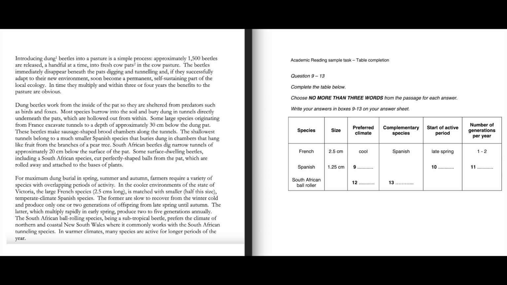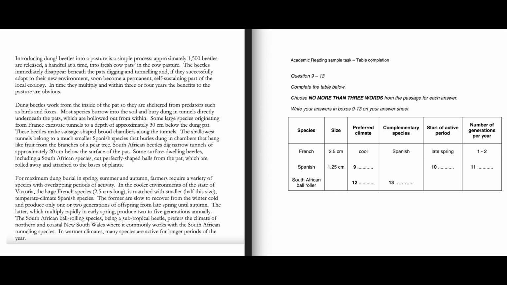Now we continue reading the same line. The South African ball rolling species, being a subtropical beetle, prefers the climate of northern and coastal New South Wales, where it commonly works with the South African tunneling species. When it says that it commonly works with the South African tunneling species, it means that it works well with those species, which means the same as the complementary species.